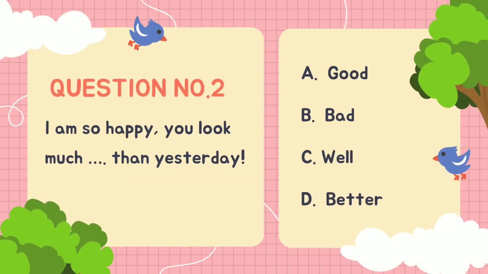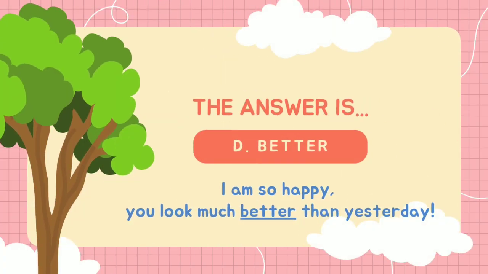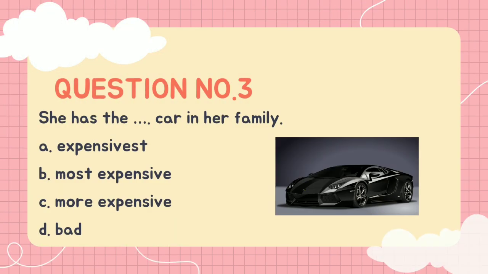Question number 2. I'm so happy you look much blank than yesterday. A. Good. B. Bad. C. Well. D. Better. The answer is better. I'm so happy you look much better than yesterday. Number 3. She has the blank car in her family.